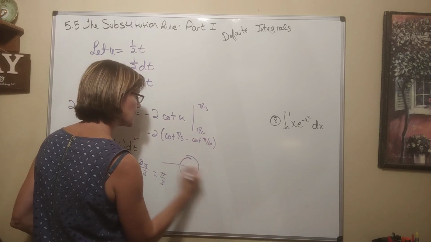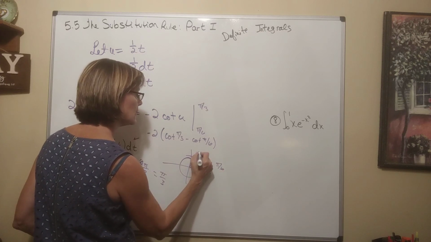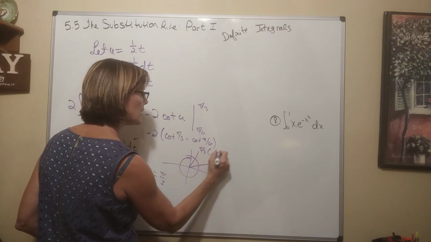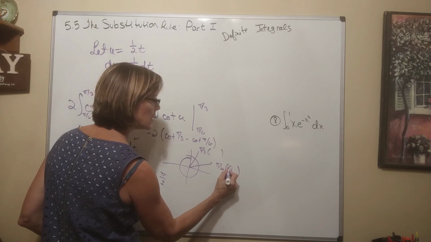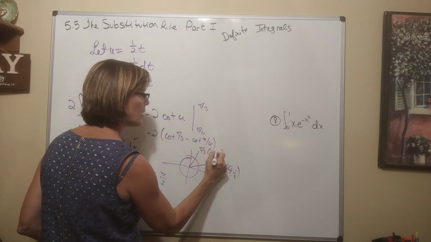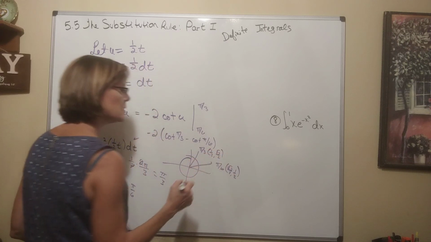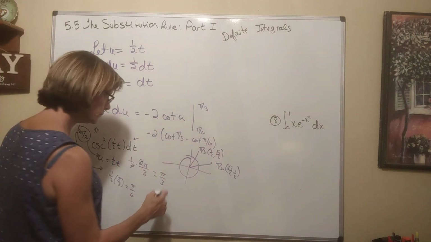So let's look at our unit circle. This is pi over 6. This is pi over 3. The coordinates here are square root of 3 over 2, 1/2. The coordinates here are 1/2, square root of 3 over 2. Cotangent is cosine over sine.